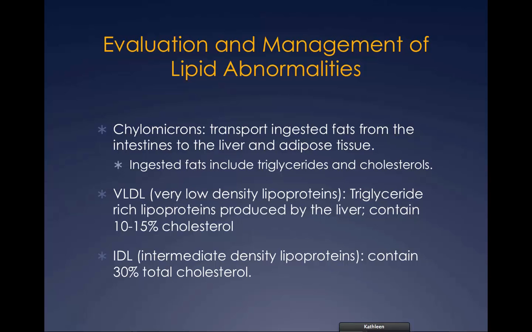Once triglyceride content is reduced to 30%, they are called intermediate density lipoproteins. Once the triglyceride content is reduced to 15%, they are called low density lipoproteins, and they lose two peripheral proteins, the APOC and APOE, which allow it to bind for reuptake by the liver.